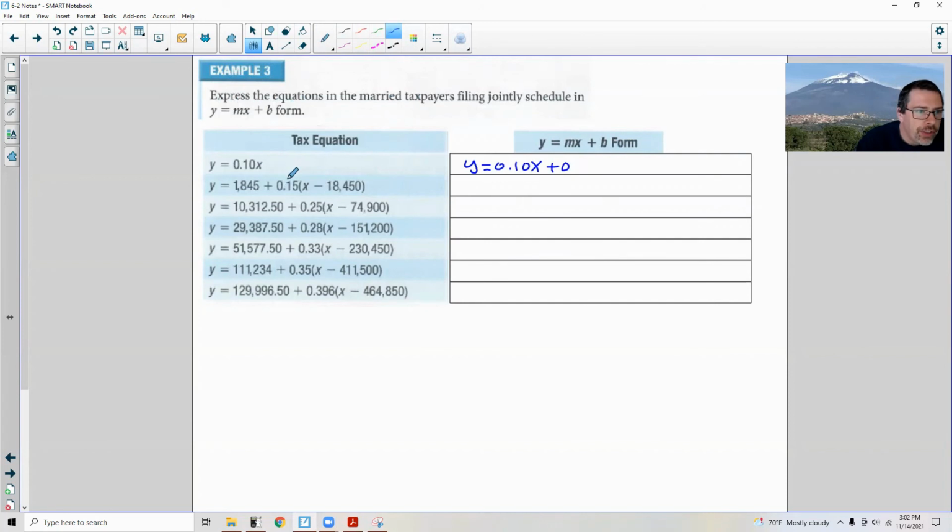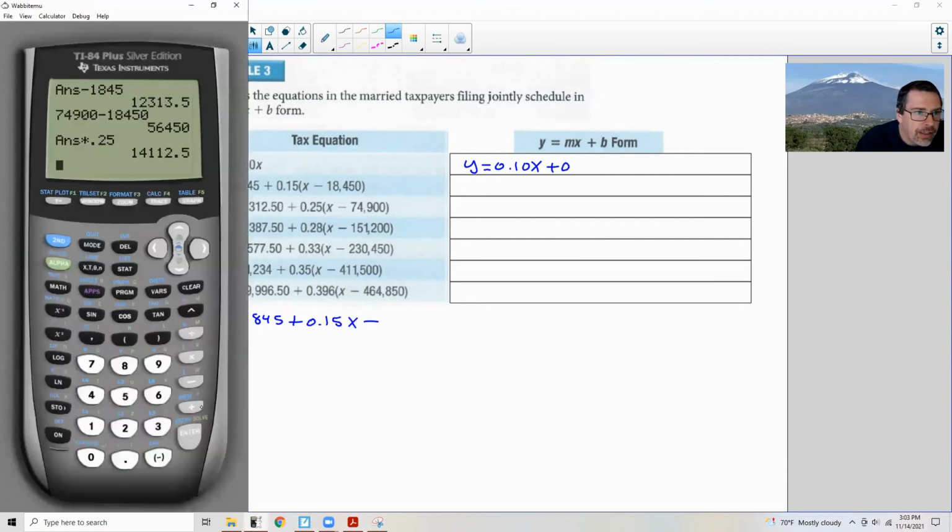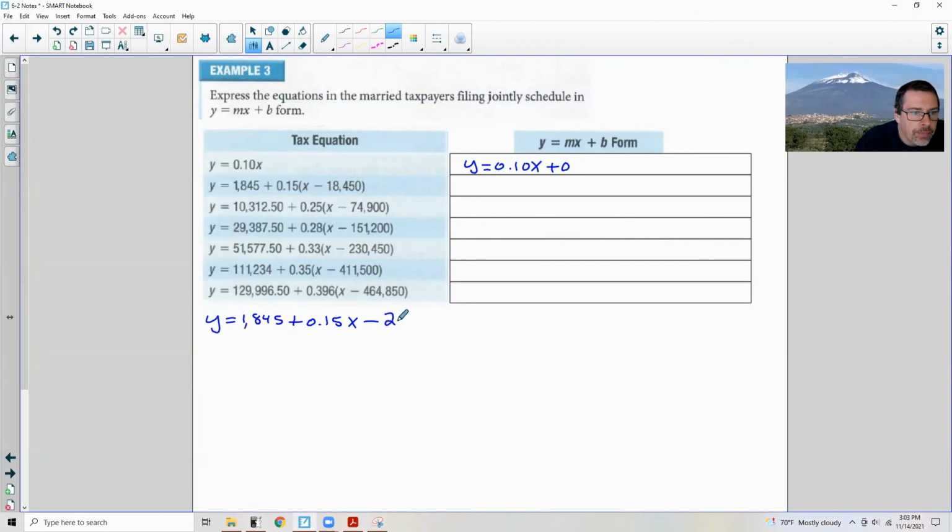In this one here, we'll need to distribute, so we'll do these down below. So y equals $1,845 plus 0.15x minus, and then I take 18,450 times that 0.15. I'm distributing the percent, and that gives us 2,767.50.